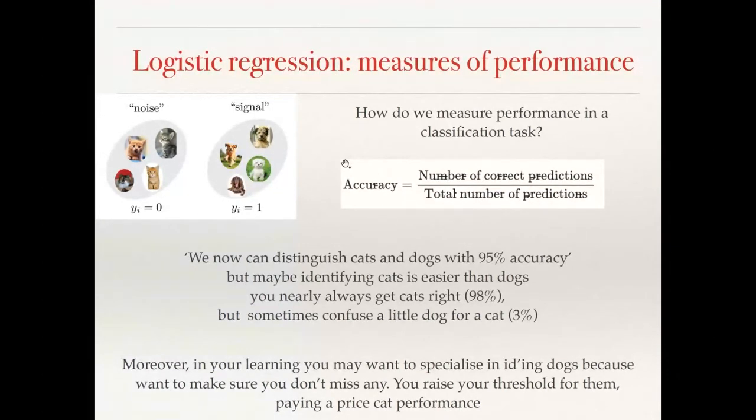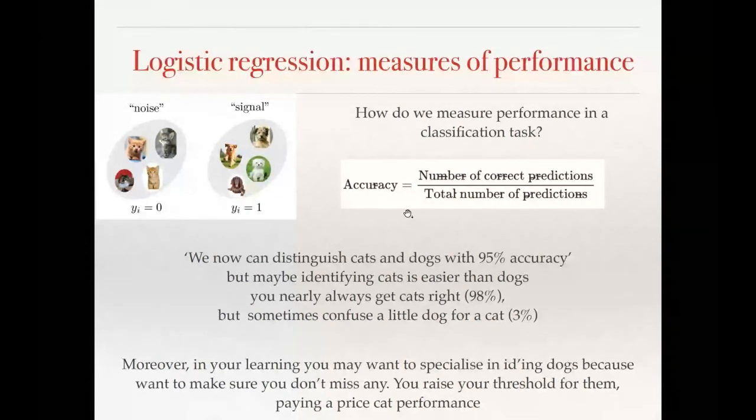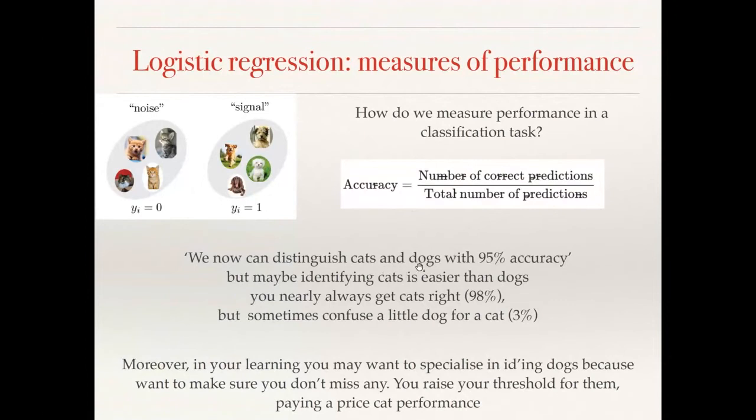Once you are done, you will say, well, my accuracy, how well I'm doing, will be: from all the cats and dogs I saw, how many did I classify correctly? This is a measure of accuracy. And you could say, we now can distinguish cats and dogs with 95% accuracy, so you're super good at doing that.